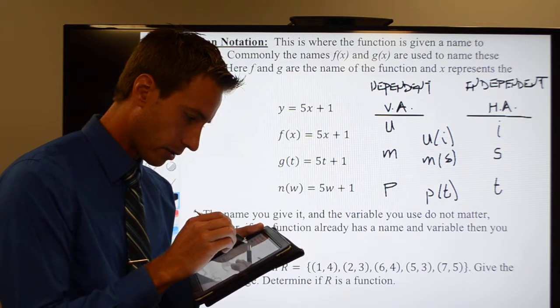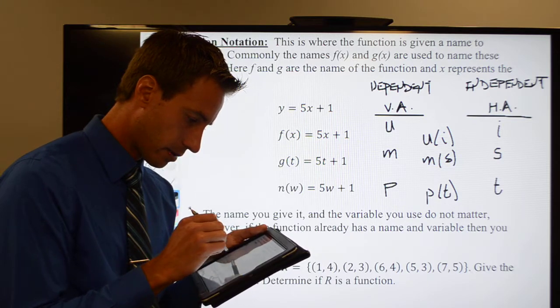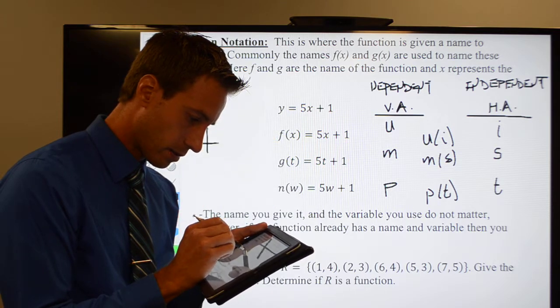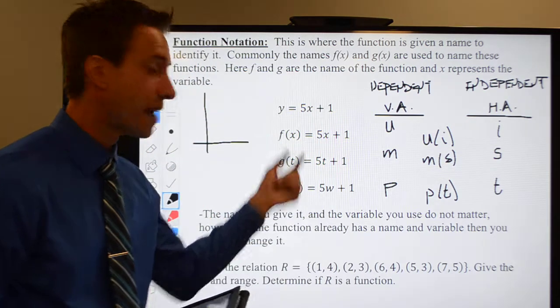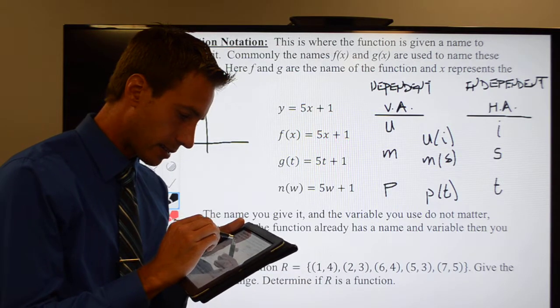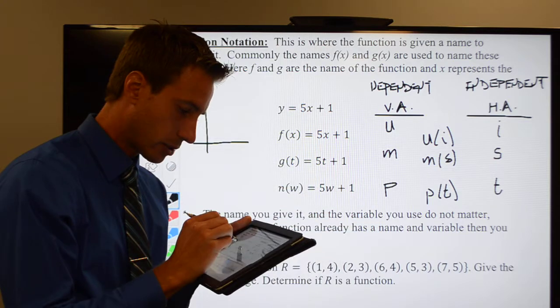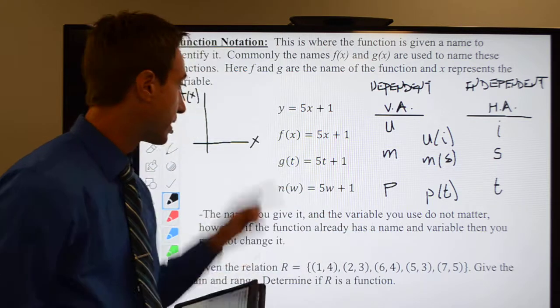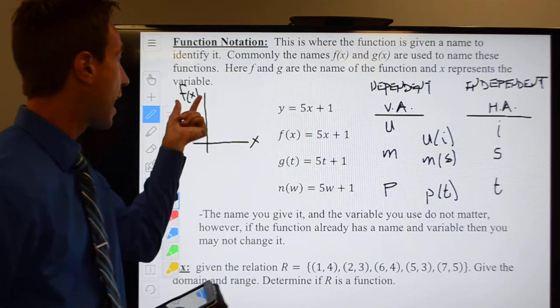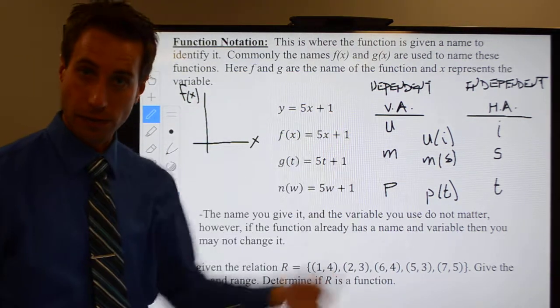Oh, hang on, I got a little crooked there. For this first one, f of x, well, f of x would be my vertical axis, right? That is f of x, and my horizontal axis would just be x, right? This is my independent variable. Since f depends on x, f of x is my vertical axis.